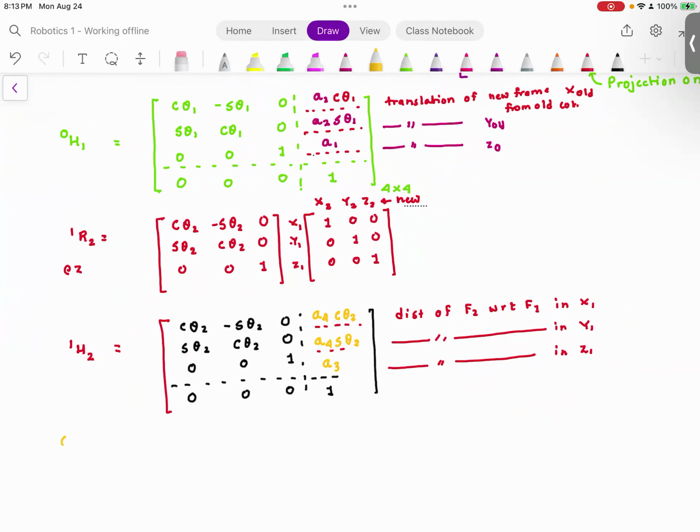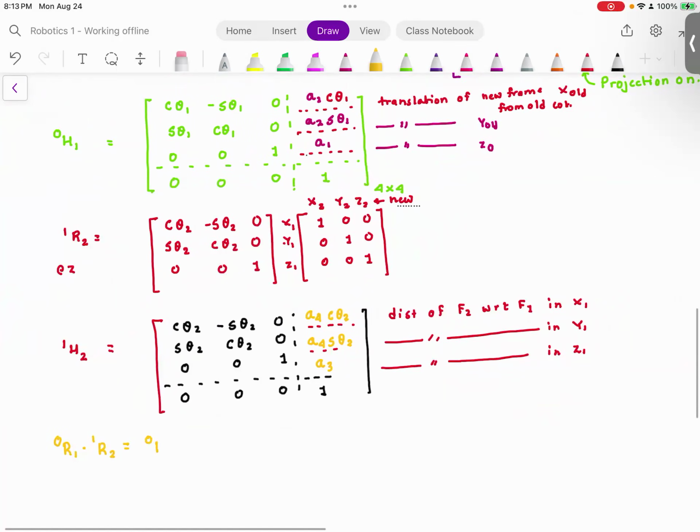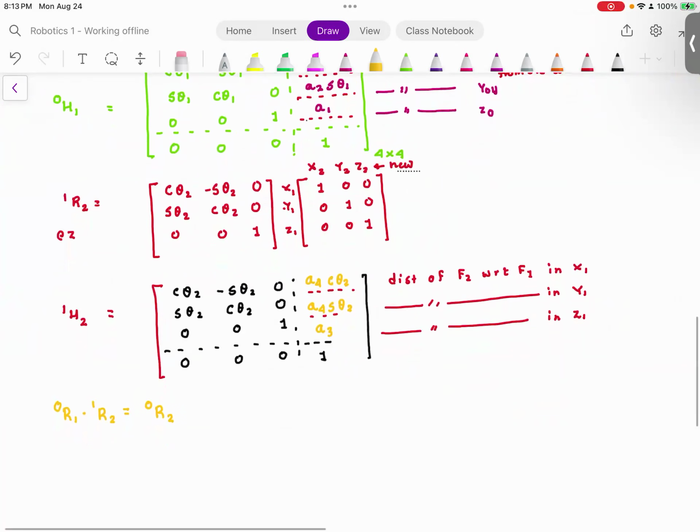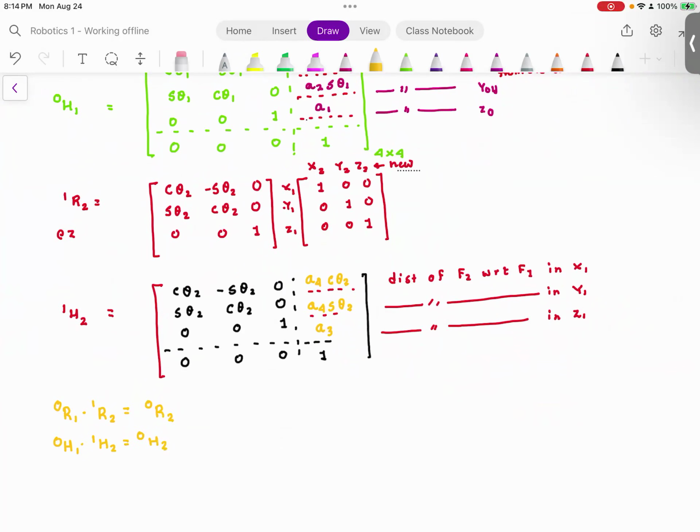So 0R1 multiplied by 1R2, you can see the 1 gets cancelled, gives you 0R2. Now 0H1 multiplied by 1H2 gives you 0H2. You agree with me? So check this out.